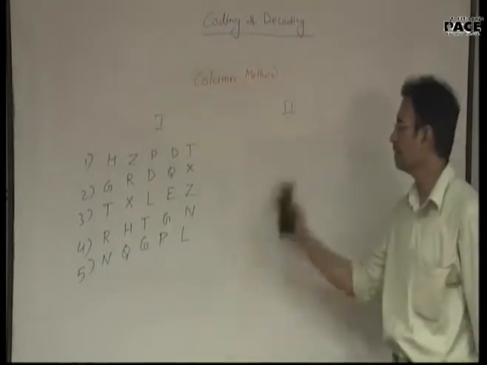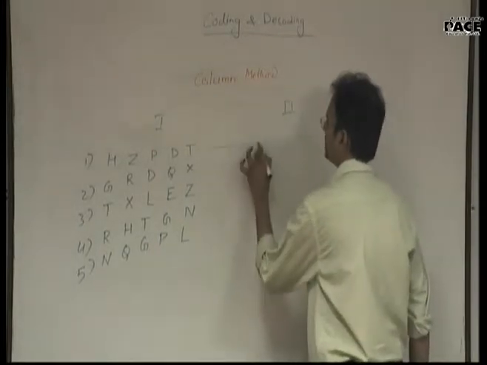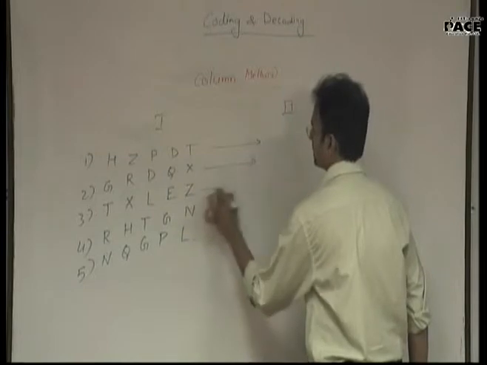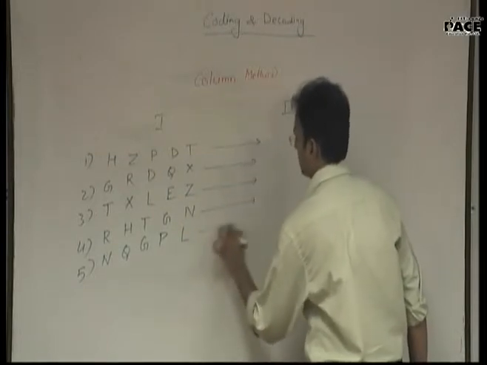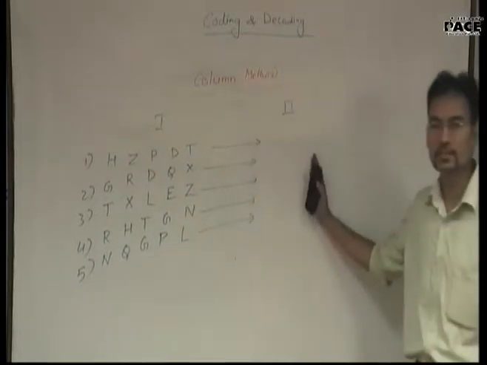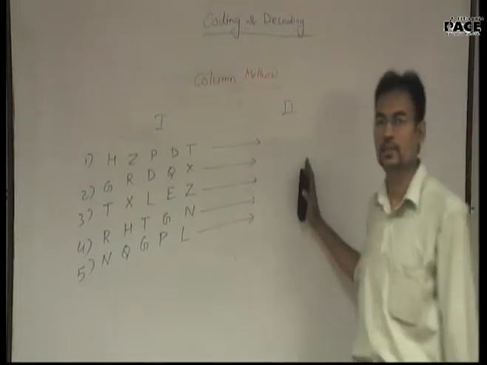Now we have some values for these capital letters in small letters, but not in order, in jumbled form.